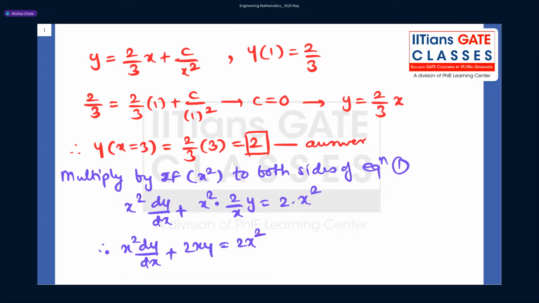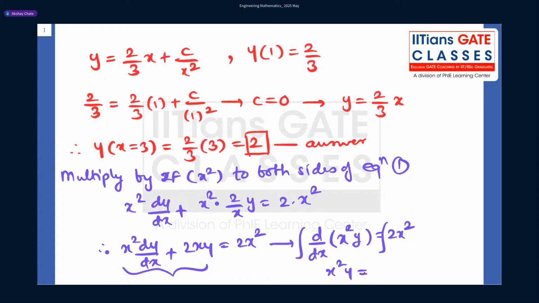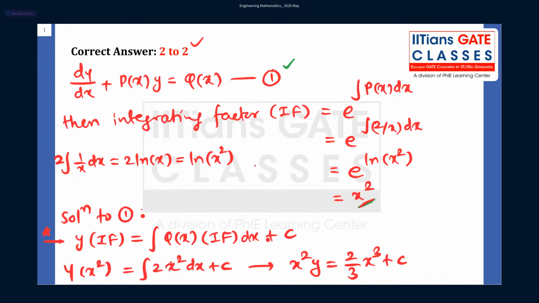And if you pay attention, this can be written as d by dx of x square y equal to 2x square. Okay, and then you integrate on both sides and you'll get the same answer. Because this integration will give you x square y, and this will give you 2x cubed by 3 plus c. And this is what we got by using our standard method also.